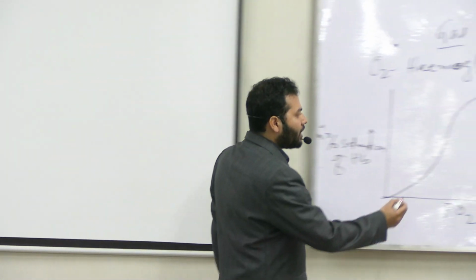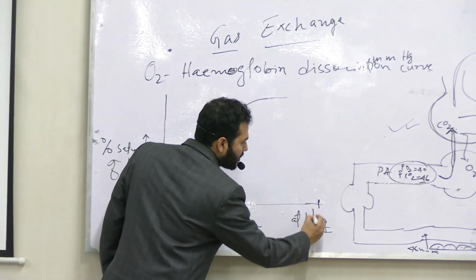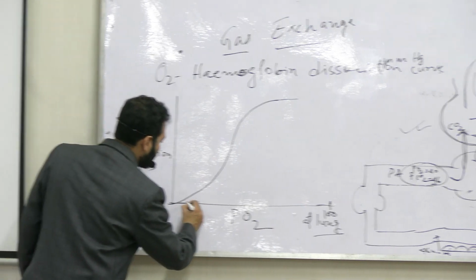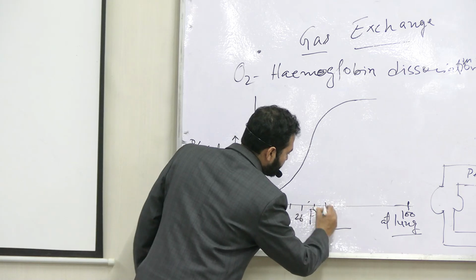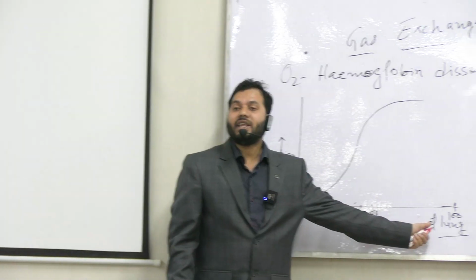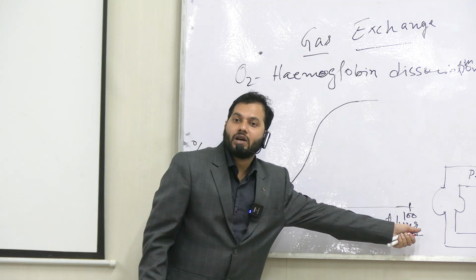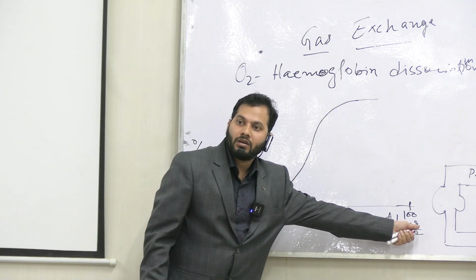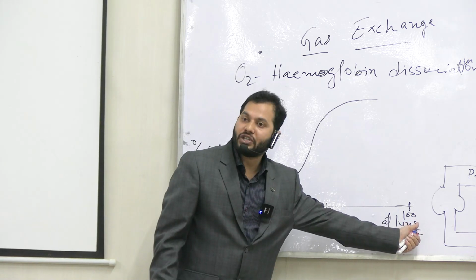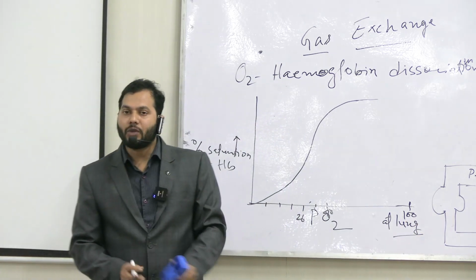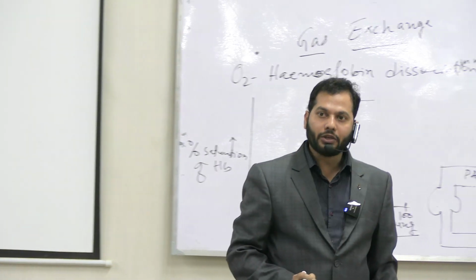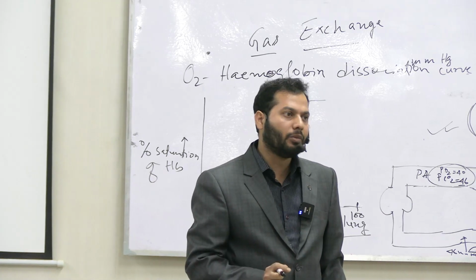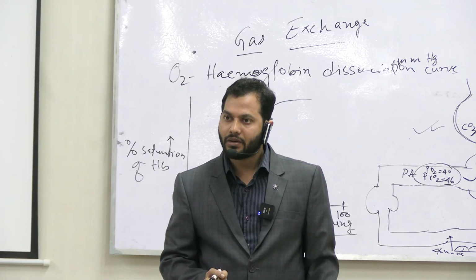At lung level, see here on the x-axis, the partial pressure here is 100, right? At this partial pressure, if you see the characteristics of the hemoglobin molecule, almost all the binding sites of the hemoglobin molecule are occupied by oxygen, right?